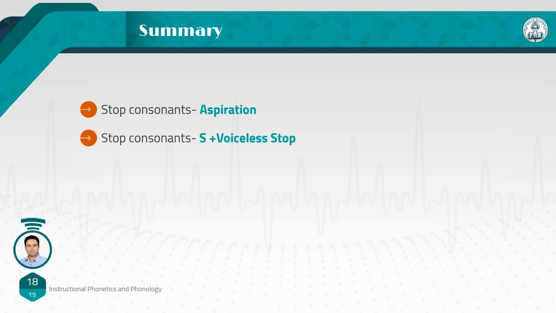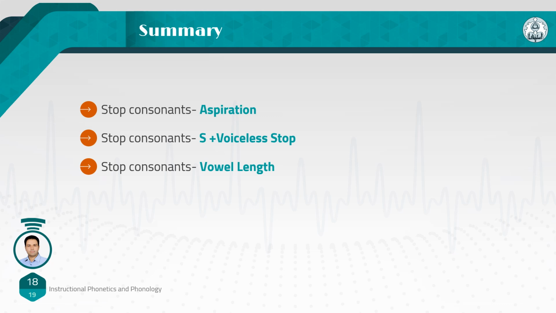Next was s plus voiceless stop in words like spy, sty, and sky. If you remember, we said that stops that occur after s are somewhere between p and b, between t and d, and between k and g. Next, we talked about the length of vowels.